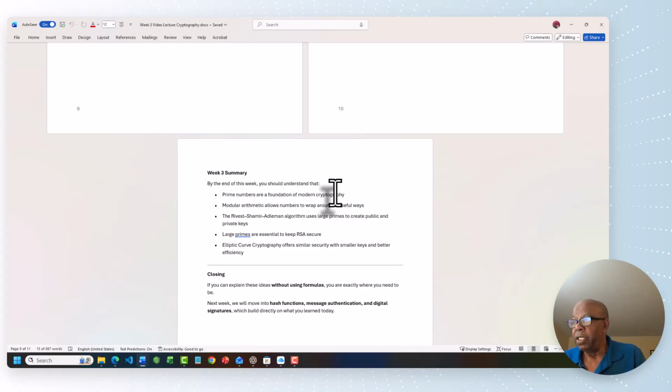If you can explain the purpose, if you can explain the ideas without having to use a formula, what the basic idea is behind RSA and behind elliptic curve cryptography, that is what I want you to get out of this. Just the general processes of what we're doing to take input, encrypt it, and output it based on decryption, and what methods we're using to do that.